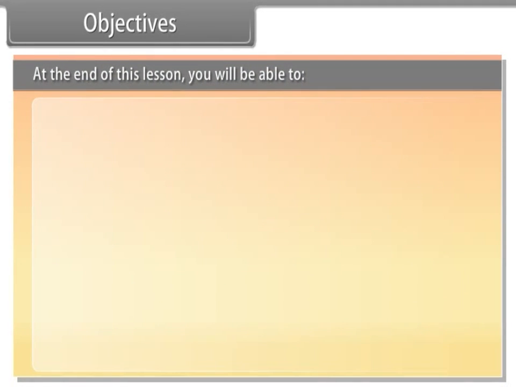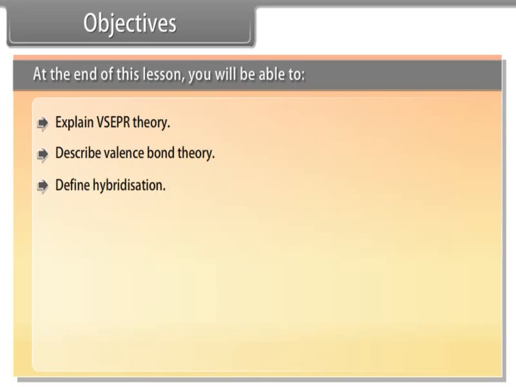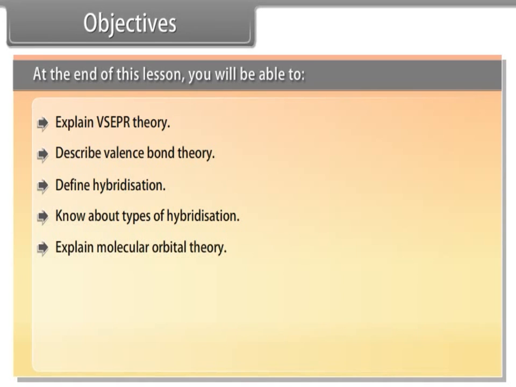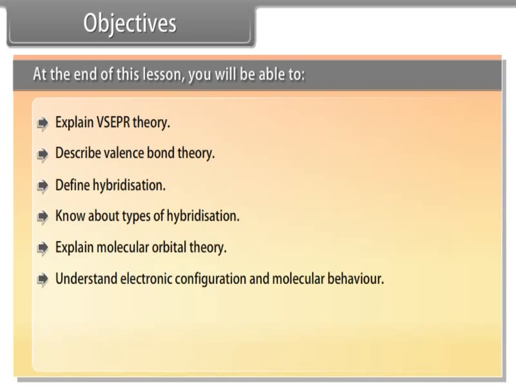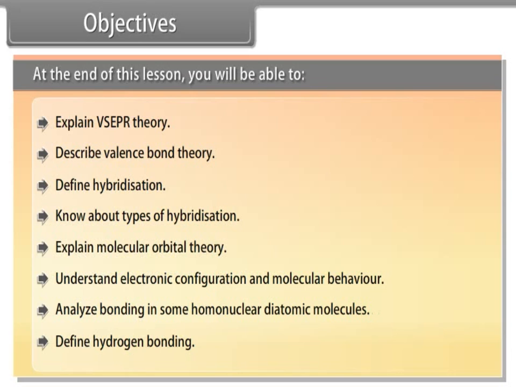At the end of this lesson, you will be able to explain VSEPR theory, describe valence bond theory, define hybridization, know about types of hybridization, explain molecular orbital theory, understand electronic configuration and molecular behavior, analyze bonding in some homonuclear diatomic molecules, define hydrogen bonding.